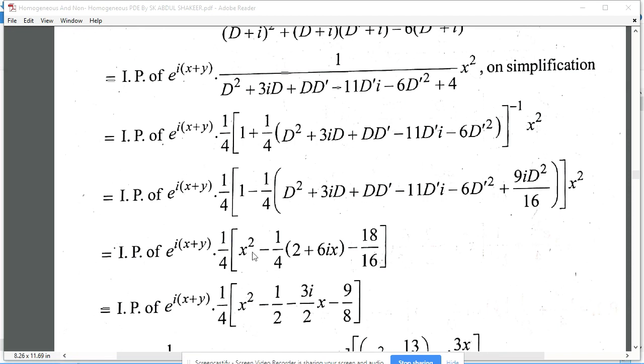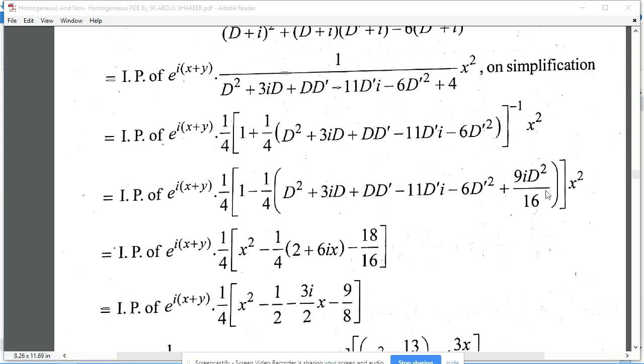Now operating each term on x square. So that is x square into 1 is x square. D square of x square is 2, because two times we have to take the derivative with respect to x of the function x square. Once we will get 2x. Again differentiating 2x with respect to x, 2. D of x square is 2x, and already we have 3i, that is 6ix.